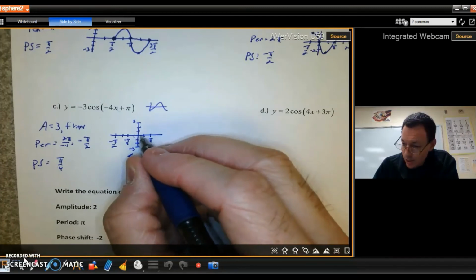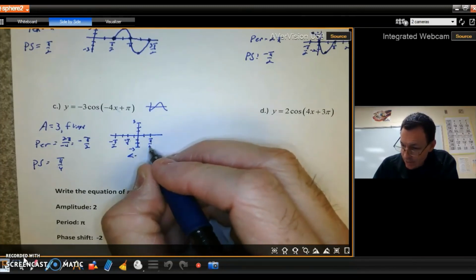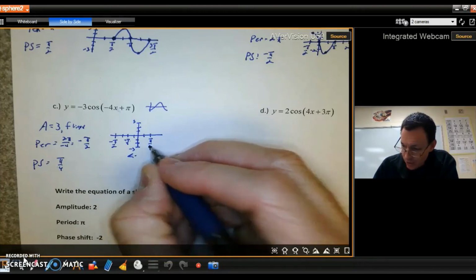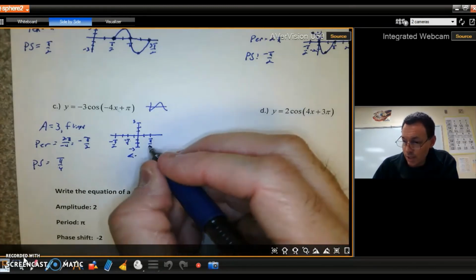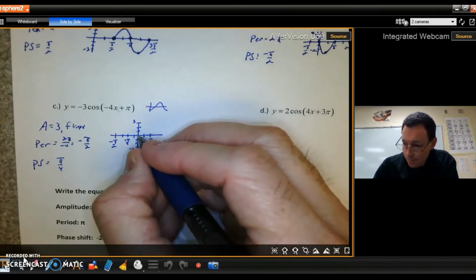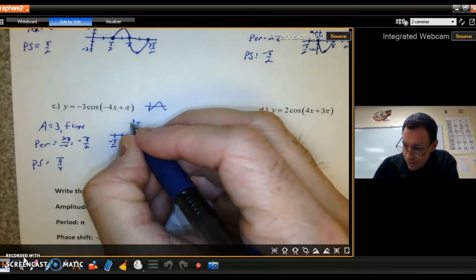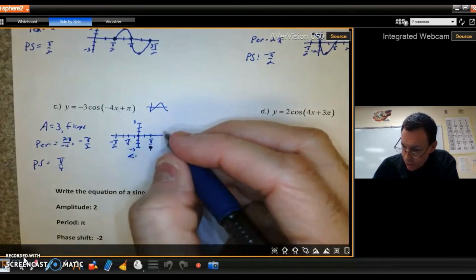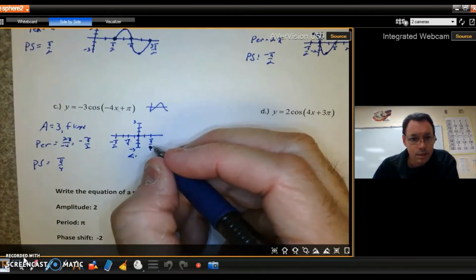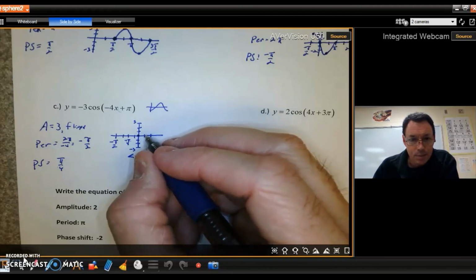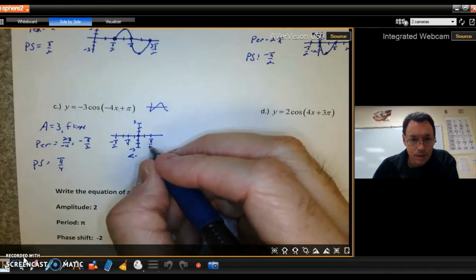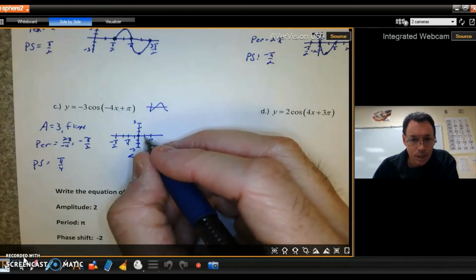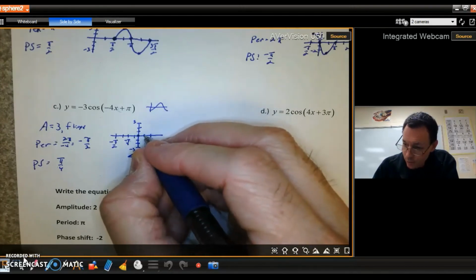Okay, so pi over 4, down to negative 3, that's where my point's got to be. I'm just going to make it great big, and I'm just going to wipe out that pi over 4. All right? Then just draw a cosine graph. What's cosine do? It goes up. Then it goes up to its high point, which is, oops, you see what I did? I skipped over my increment here. So ignore that for a second. Here's what I should have done. I should have gone up to the first increment. You probably did it right.